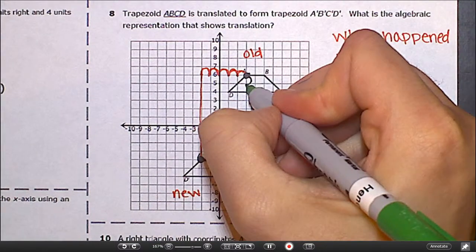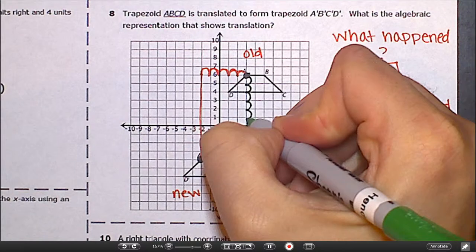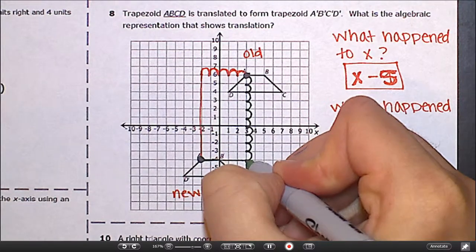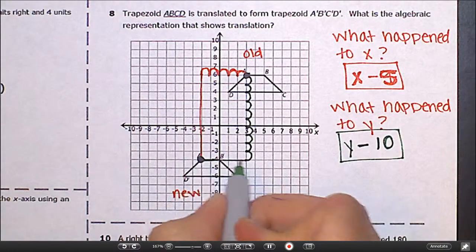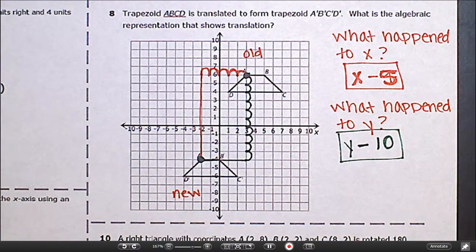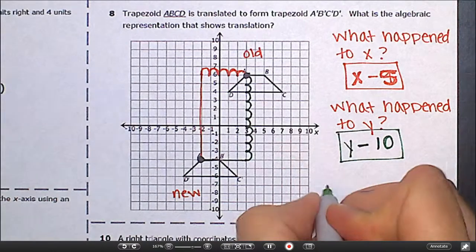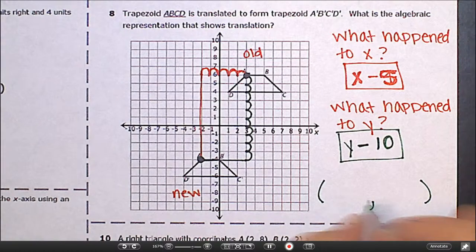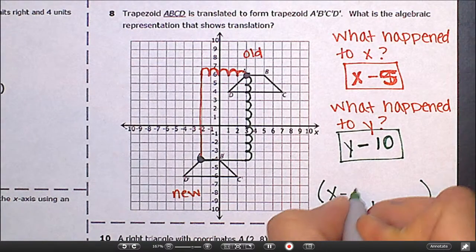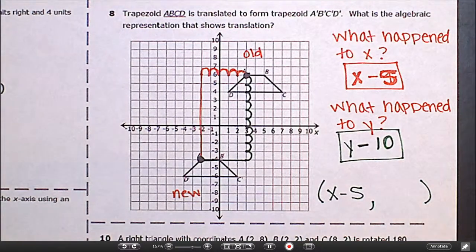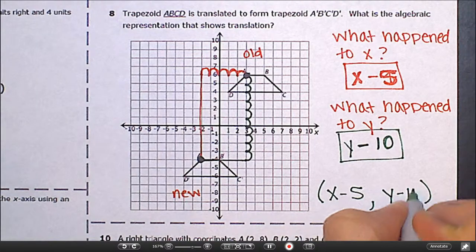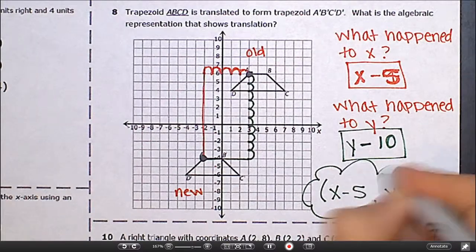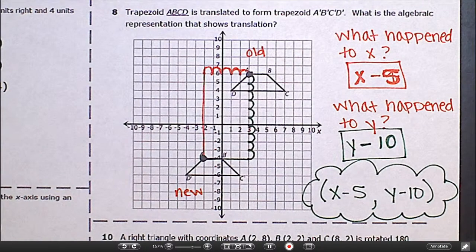We're going to go 1, 2, 3, 4, 5, 6 to get to 0. 7, 8, 9, 10 gets us here. So y minus 10. So our answer then would be, again, we have to write it as a coordinate, x and then y. So x minus 5, that's our x coordinate, and y minus 10 is our y coordinate. So this is the algebraic representation.